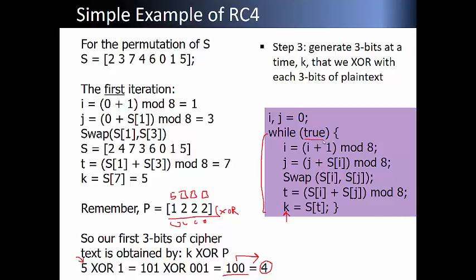As long as it's true, it goes forever. So this algorithm generates any size of the key, but it generates one bit of key at a time. Actually, not one bit, but one number, one character. Okay? So let's take a look.